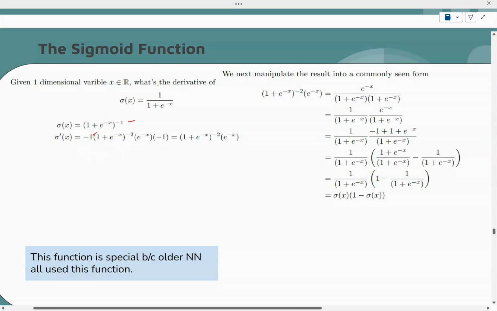And then we take the derivative of what's inside, which is e to the minus x, and we take the derivative with respect to negative 1, we get this. So this right here is equal to the sigmoid function. Why don't you take a second, pause the video, and see if you can understand how this came about.